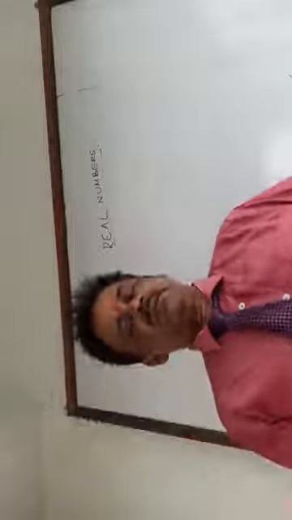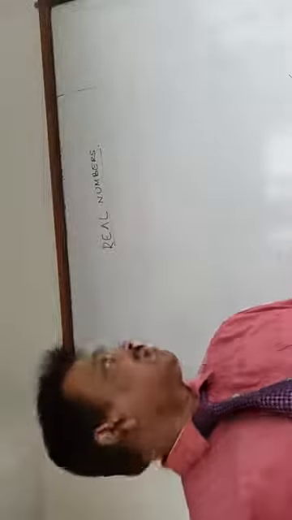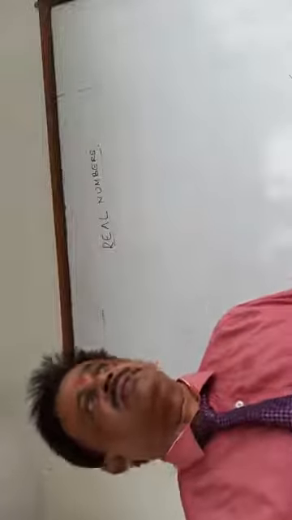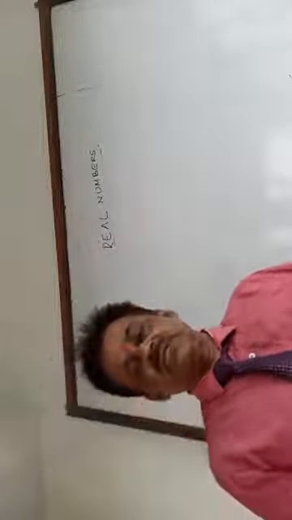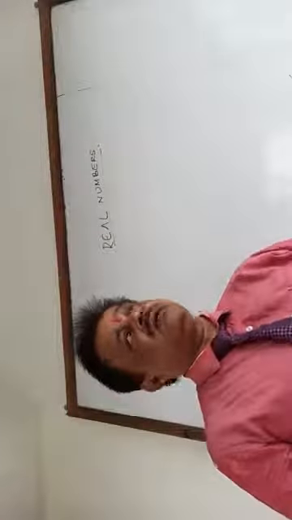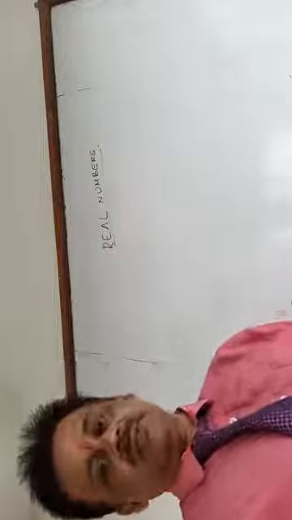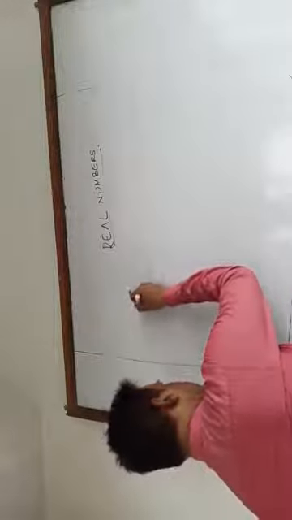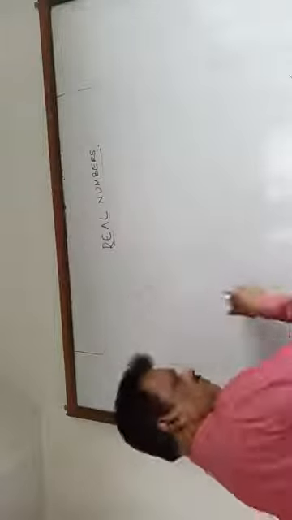Class 10 students, today we will study about the real numbers and its application to different parts in maths or in the number system. So before you know the real numbers, let's study what are the different number systems. Like first it was natural numbers.